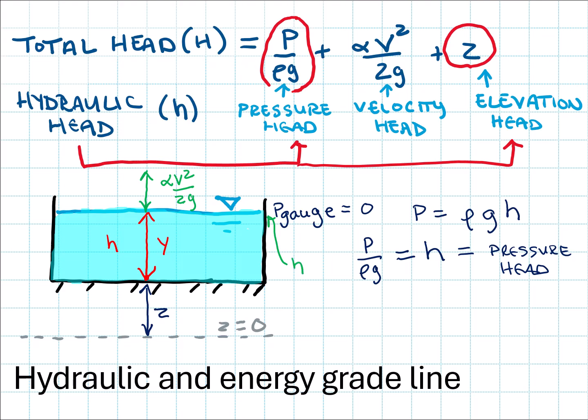So here would be the location of my hydraulic grade line at this position in the channel. And then up here at the sum of my total head of elevation, pressure, and velocity head, this is where I would have my energy grade line. This is where I would find total head, h.